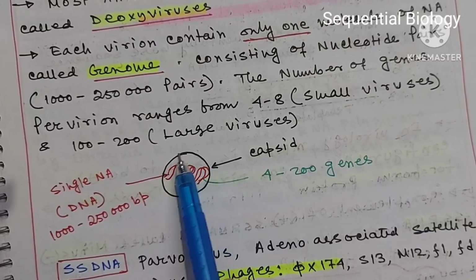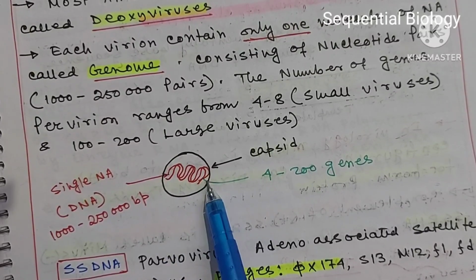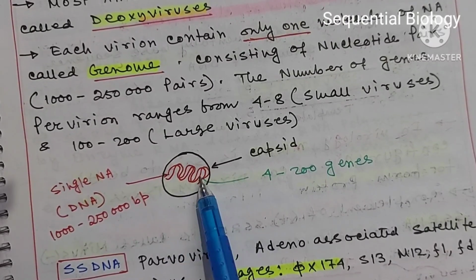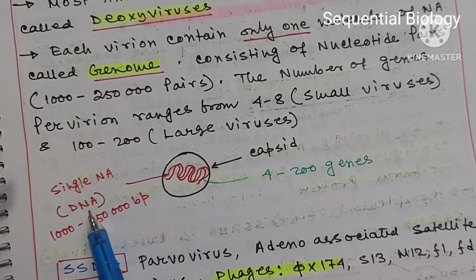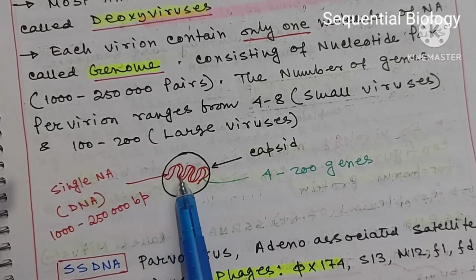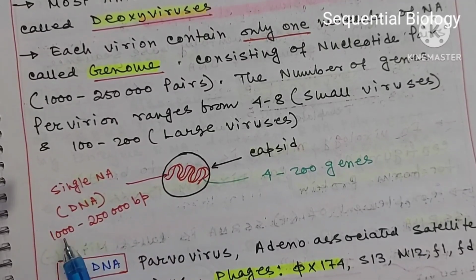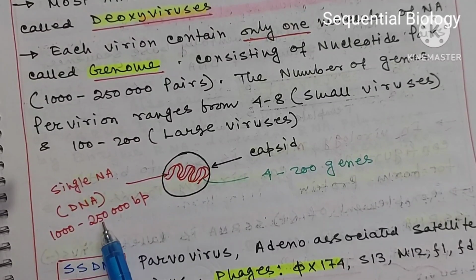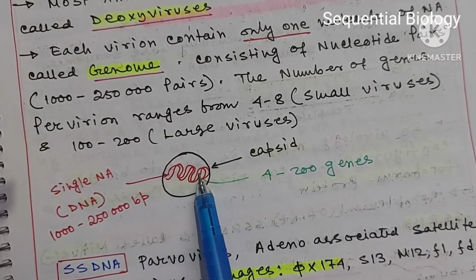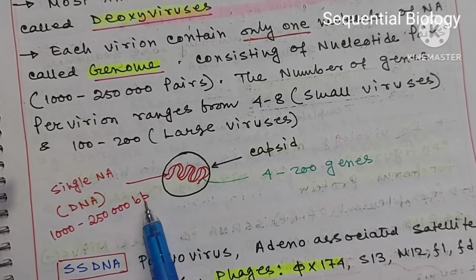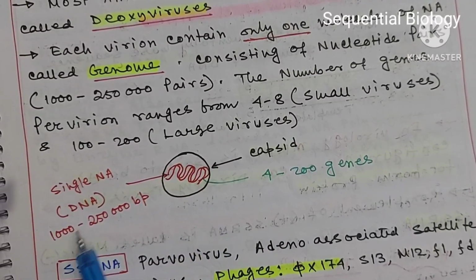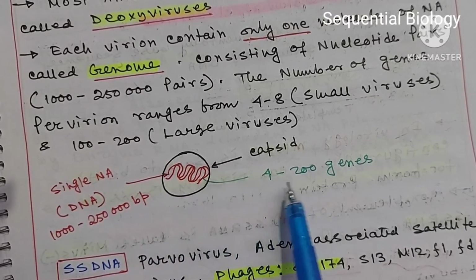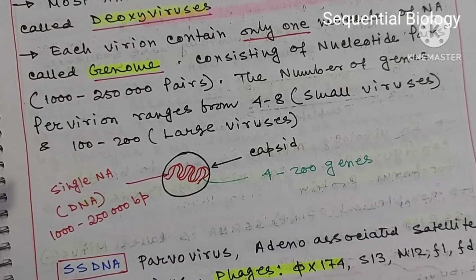This is the capsid layer, and in this capsid layer the nucleic acid is present. When this nucleic acid is double-stranded DNA, it contains 1000 to 250,000 base pairs. Since this is double-stranded DNA, obviously base pairs can be found in it, and the length of this DNA will be 1000 to 250,000 base pairs. In this DNA 4 to 200 genes can be found.